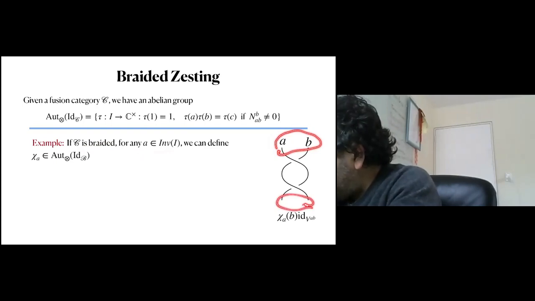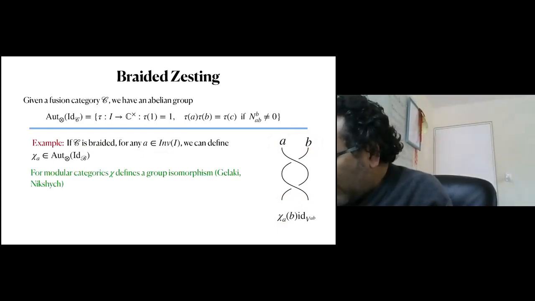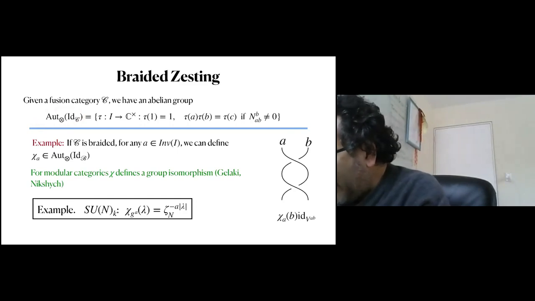So that's defining a scalar. This scalar is always a tensor automorphism of the identity. And in fact, if the category is modular, by a paper of Gelaki and Nikshych, this gives us an isomorphism between this group and the invertible elements of your modular category. So in particular, in the case of SU(N), it's again easy to compute explicitly what this chi is.